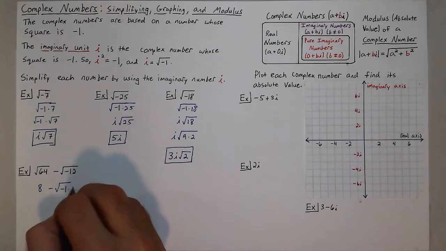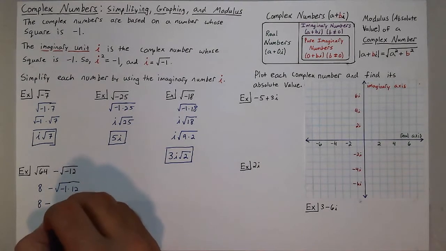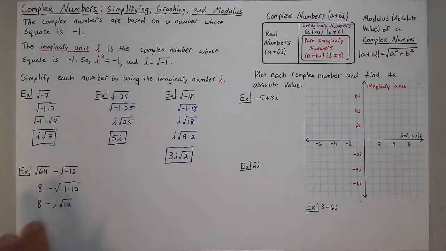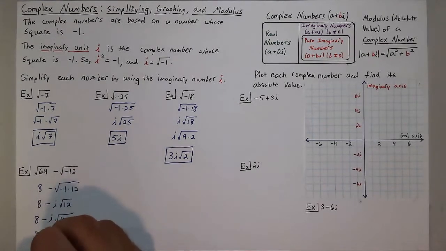So -1 times 12 would give me 8 minus i square root of 12. But these numbers would never combine into one. And the square root of 12 does have a perfect square in it of 4. So I can simplify this to 8 minus 2i square root of 3.